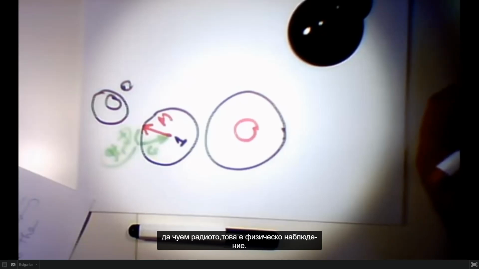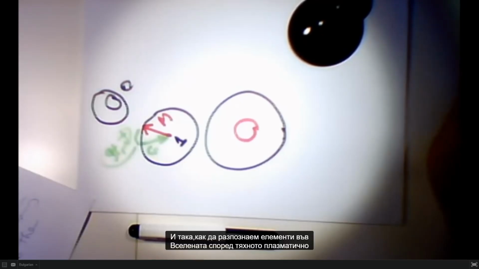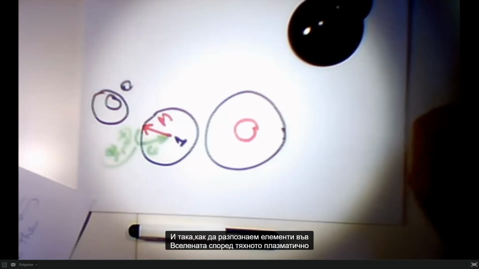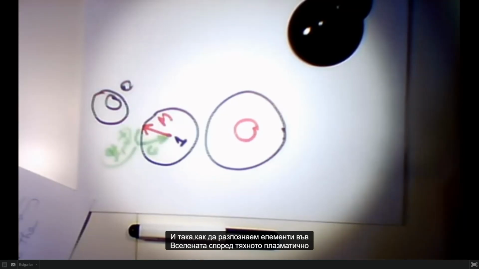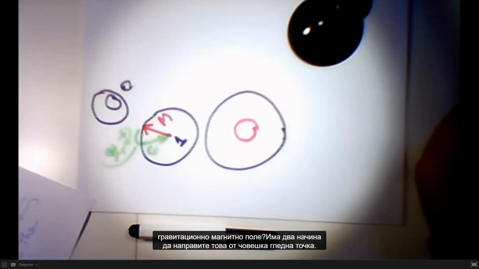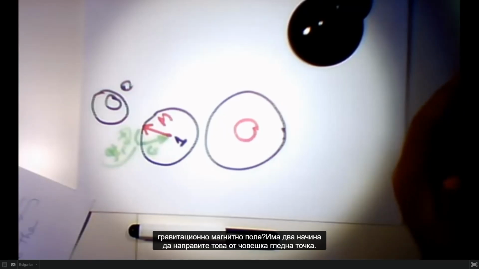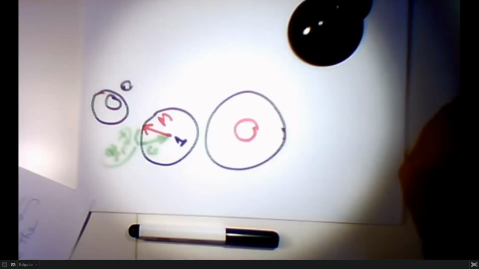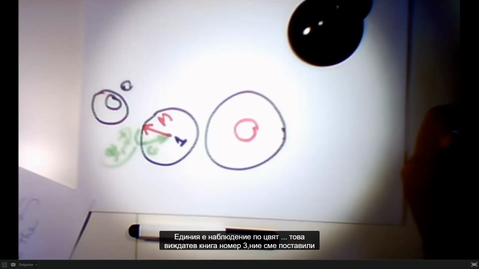That's a physical observation. So how do we recognize elements in the universe according to their plasmatic gravitational magnetic field? There are two ways from a human point of view. One is observation by color.